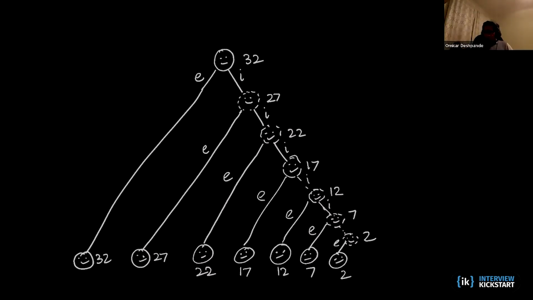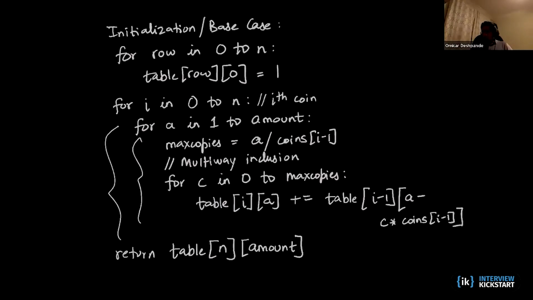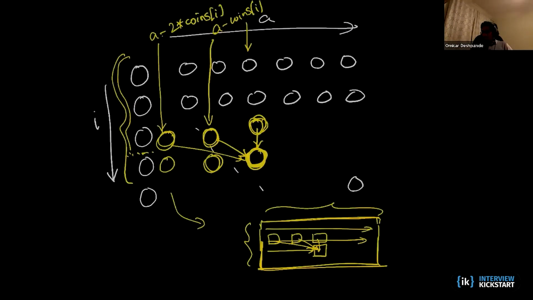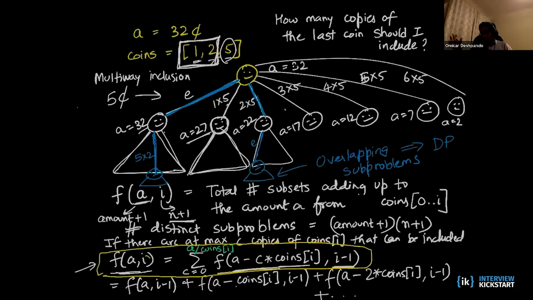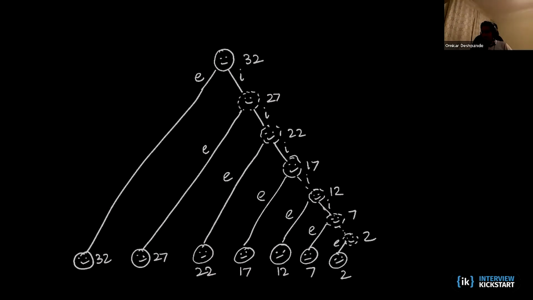So a multi-way inclusion can be, if we want to stick to a binary inclusion exclusion choice, instead of having a multi-way fork here, we can actually have a sequence of binary forks where the decision being made is, should I include one more copy? Should I include one more copy?